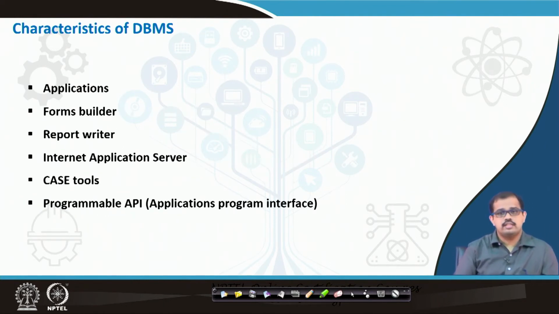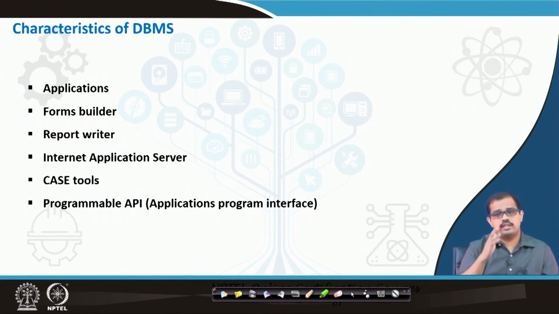And when we look at the characteristics of a database management system, we can also look at it in terms of application. I have already spoken about each of these. There is an application, a form builder, a report writer, an internet application server which is interacting with the user and different portals.